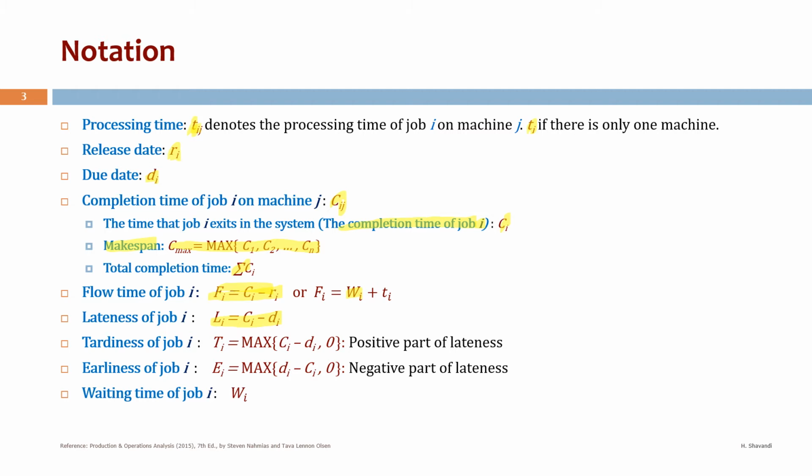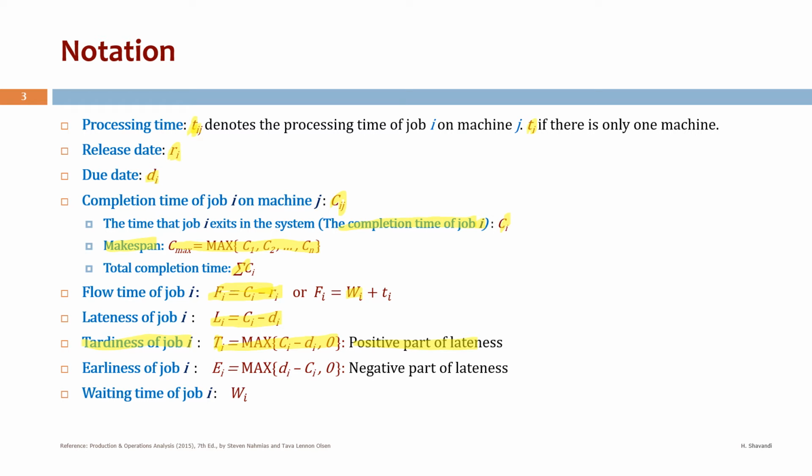Because of that, we have two more definitions here. Tardiness of job i, which we show by Ti, will be the positive part of the lateness: the maximum between Ci minus Di and 0.